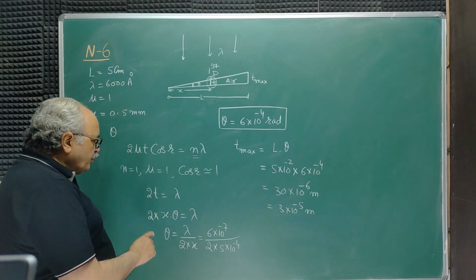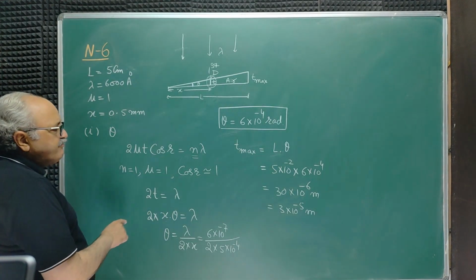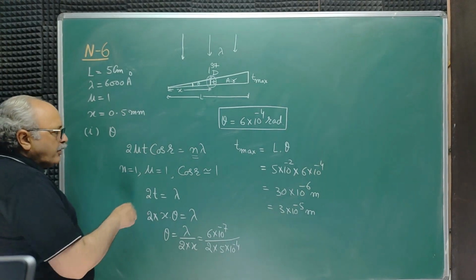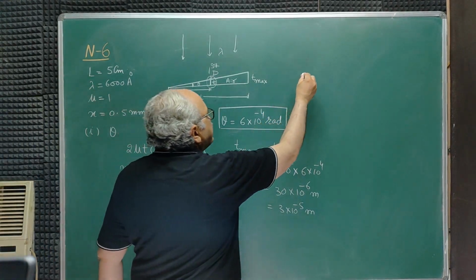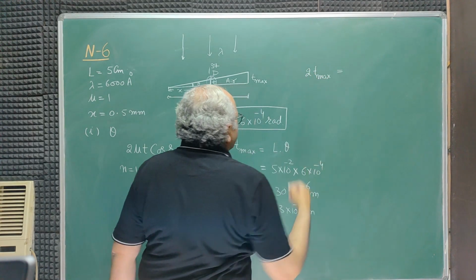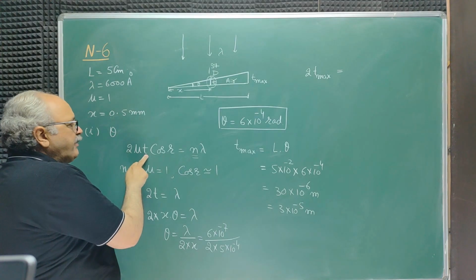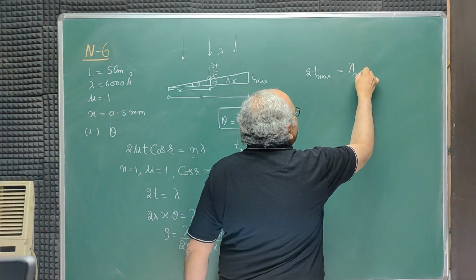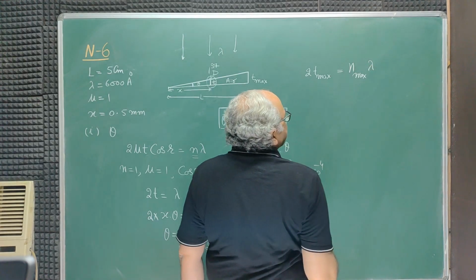Once this is known, we can find N maximum by putting in T maximum. So we write 2T maximum equals N maximum into wavelength.